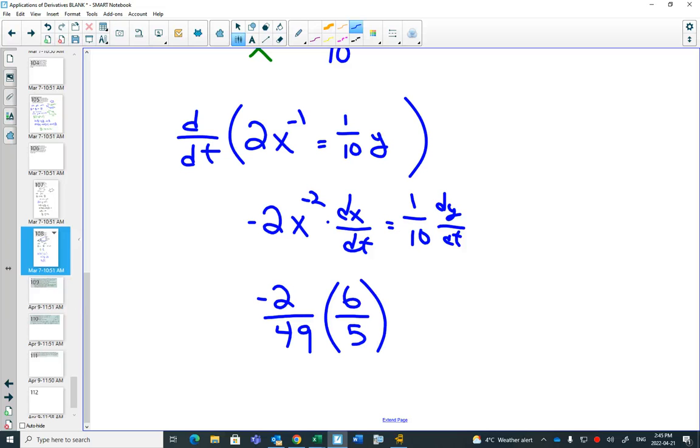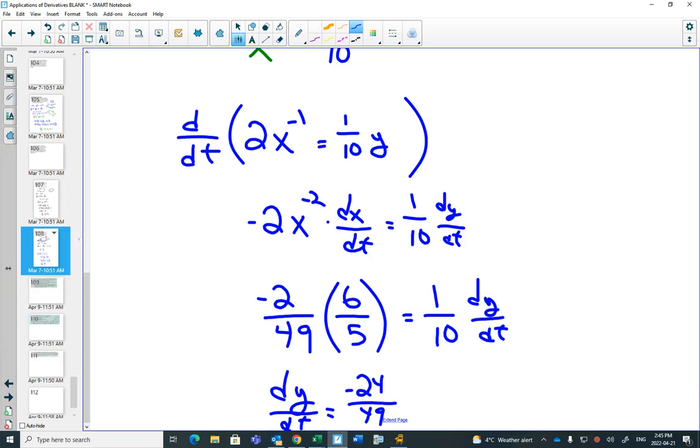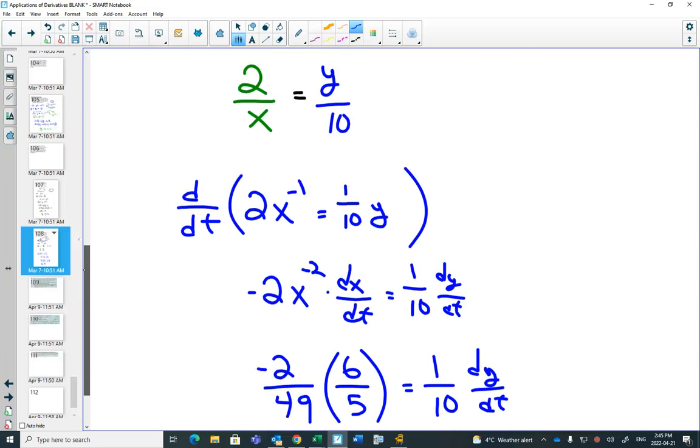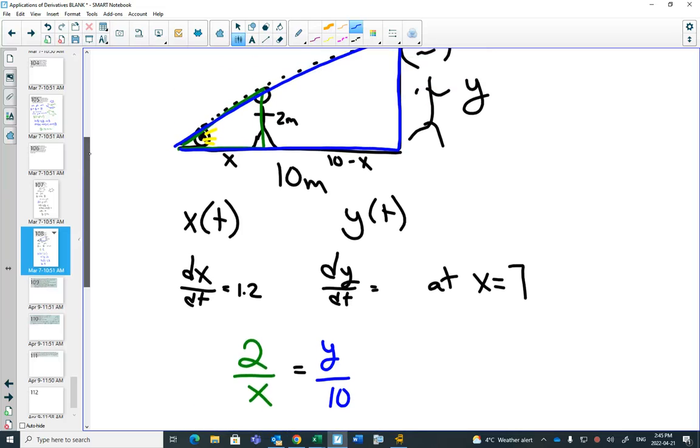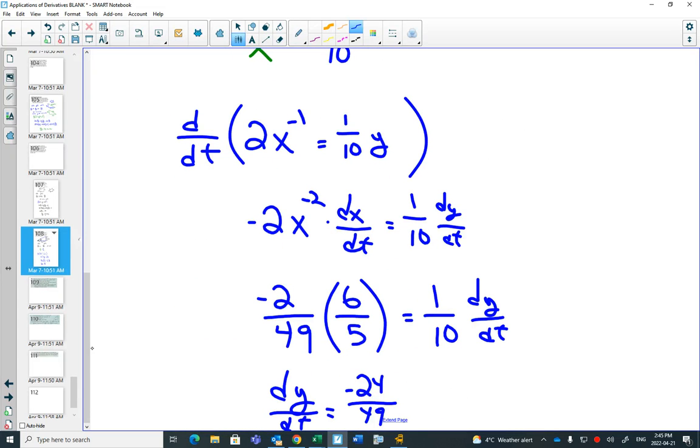That's 6/5 equals 1/10 dy/dt. Multiply both sides by 10 and do a little bit of simplifying. What were our units? Meters per second, thank you.